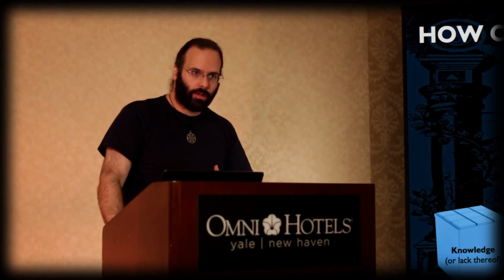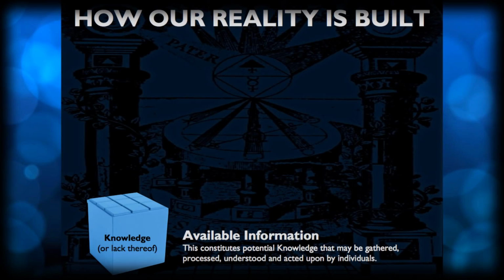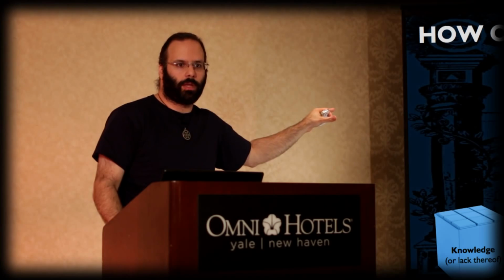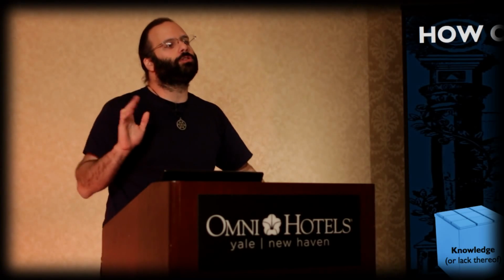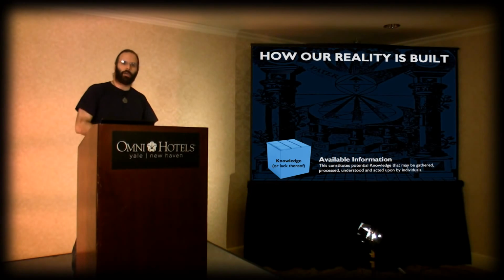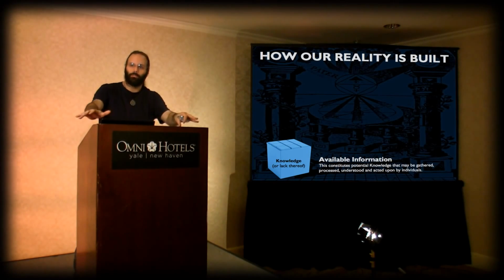It can be gathered, it can be processed, it can be understood, and then it can be acted upon. You could call this the grammar stage of this three-part process I'm going to explain. Okay? You could also refer to this as the input stage. If we're looking at it in a computer model, this is the stage of inputting information or programming something.